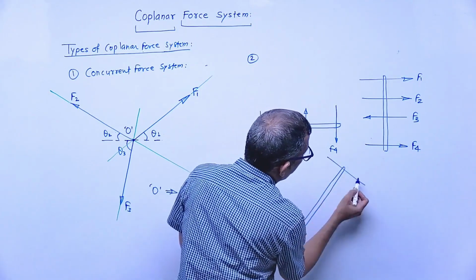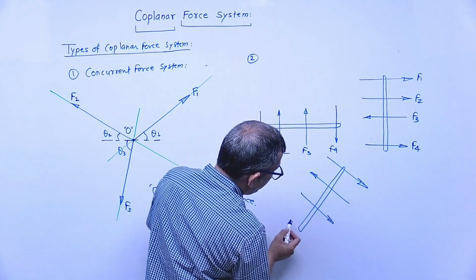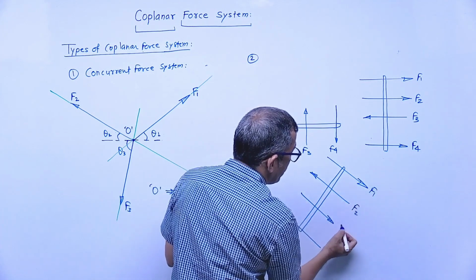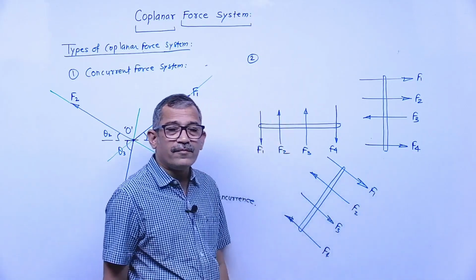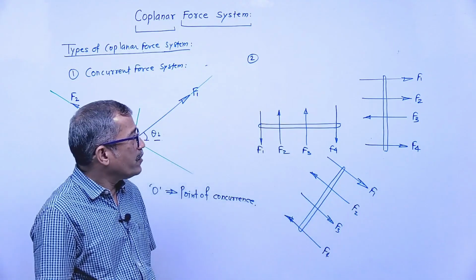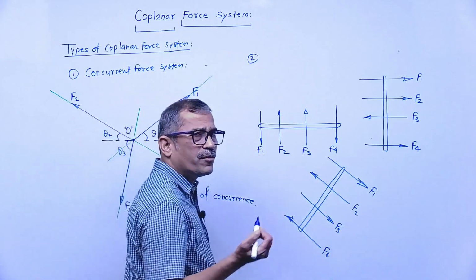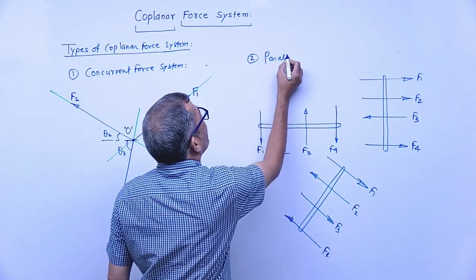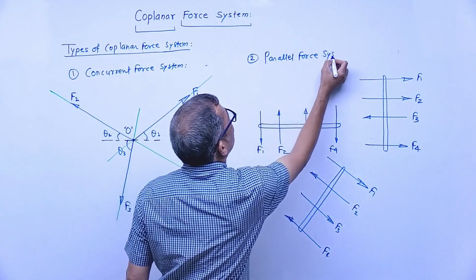Here lines of actions are all perpendicular to this rod, so lines of actions are again parallel to each other. Correct? When lines of actions of all the forces are parallel to each other, what should be the name of the force system? Parallel force system.